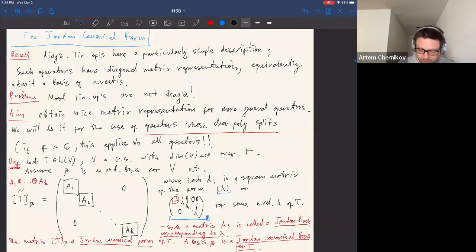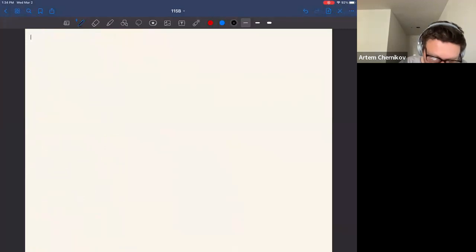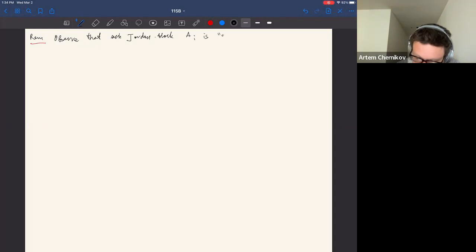Let me record a remark, which I think I already said, but let me reiterate it because it's important. Observe that each Jordan block Ai is almost a diagonal matrix, or close to a diagonal matrix.